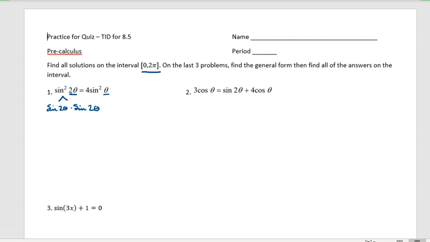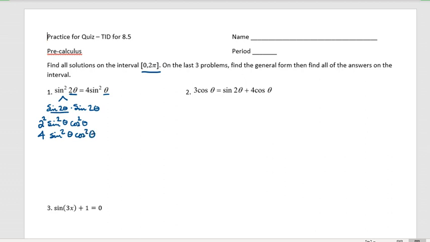So the 2 theta means 2 sine theta cosine theta times this again. Well, technically, that just means squared. So I took a little bit of a shortcut because this is what one of them is. Oh, and then that means I also have to square that term. So what I truly have is 4 sine squared theta cosine squared theta.